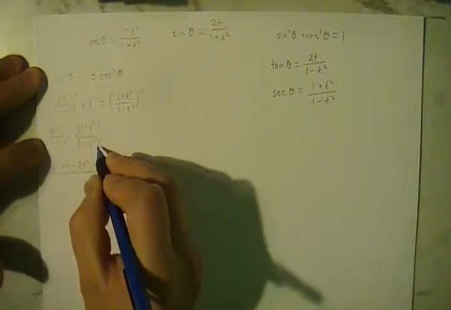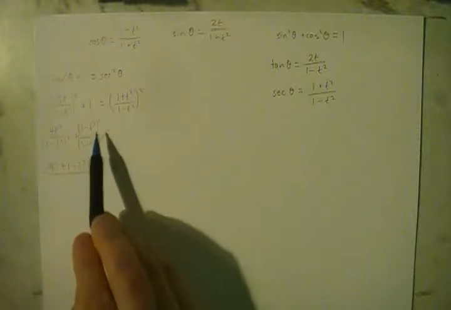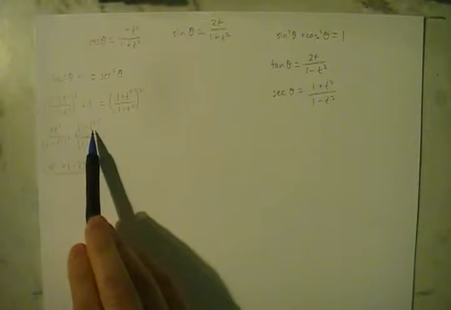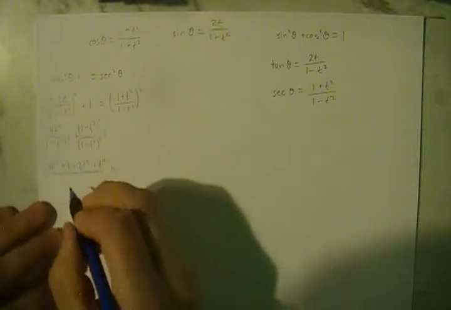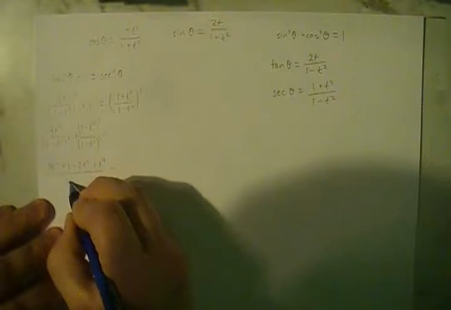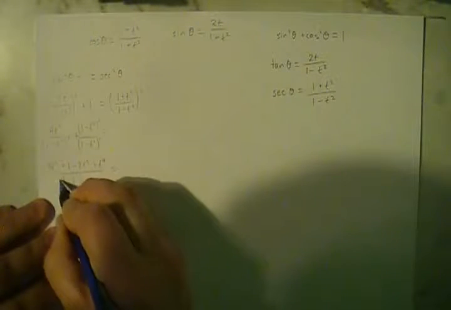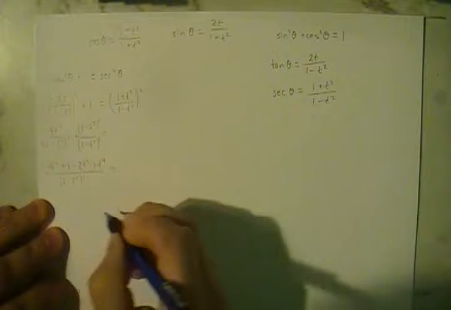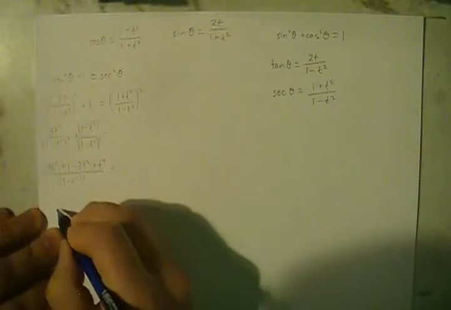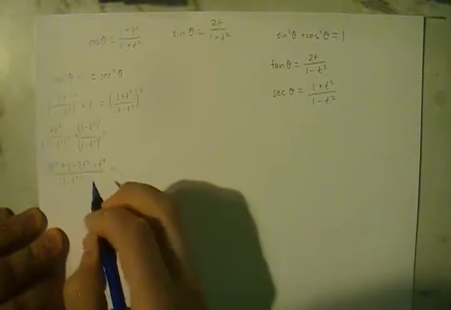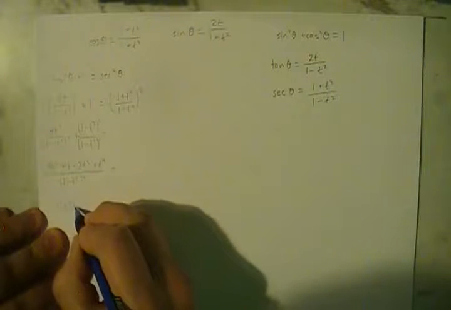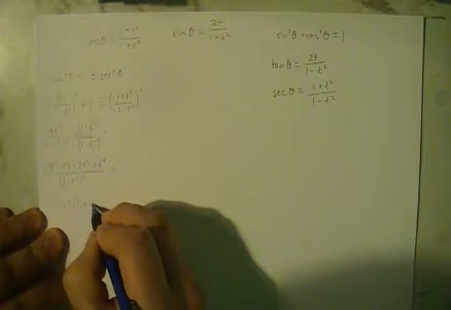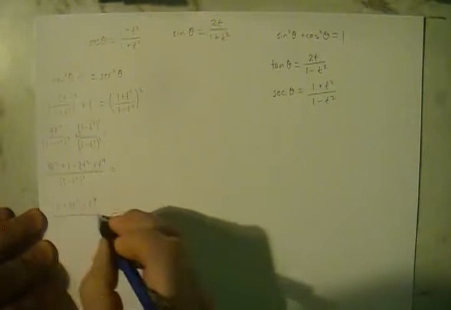So these have the same denominator, I can just combine them like that. I just square this term out and then add it to the 4t squared, and I end up with, sorry, this is the denominator. And I'll end up with 1, 4t squared minus 2t squared is plus 2t squared, plus t to the fourth.